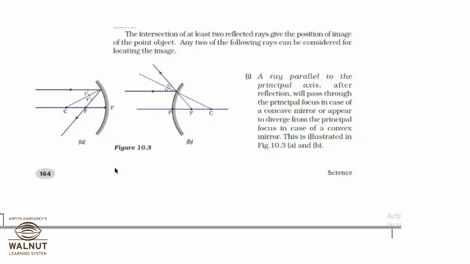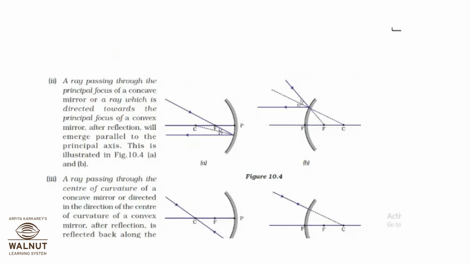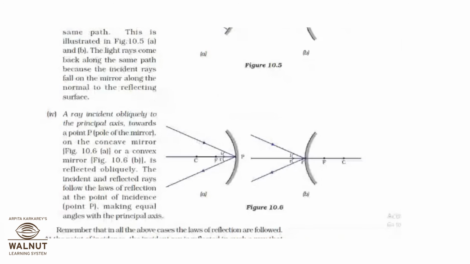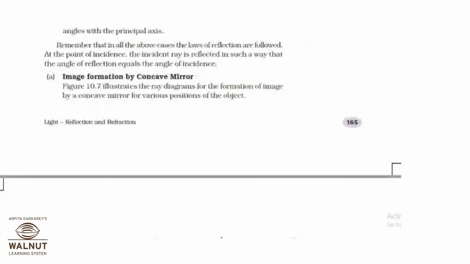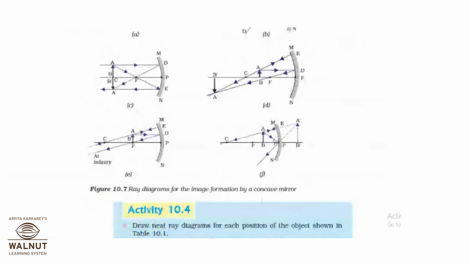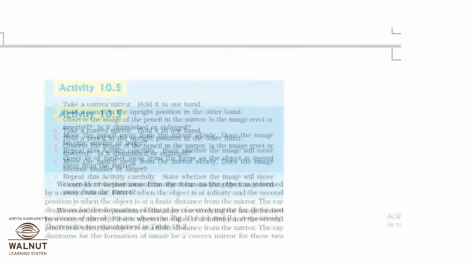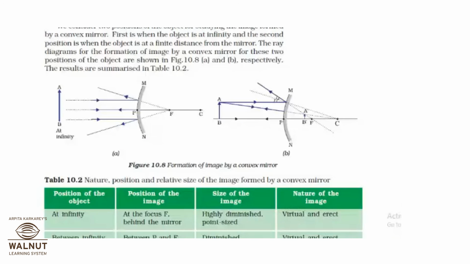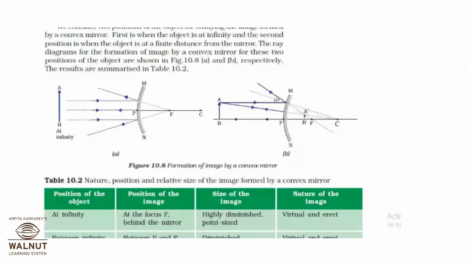You can refer to this on page number 164. All the 4 conditions are given over here, which we just saw in all-in-one. Images formed by concave mirror are given, and by convex mirror are also given. So we did this part today, and tomorrow we will be doing the above part which is there in the textbook.